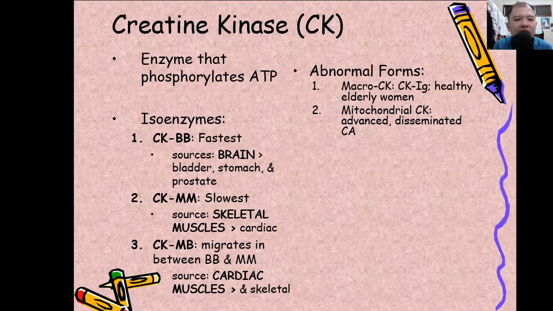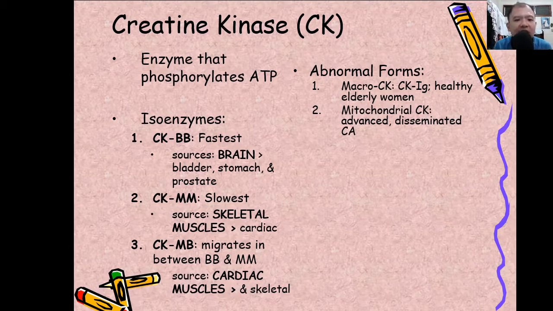The creatine kinase exists in 3 isoforms. You have creatine kinase BB, whose source is the brain. However, small amounts are found in the bladder, stomach, and prostate. And it is the fastest isoenzyme, because these isoenzymes are measured in electrophoresis.